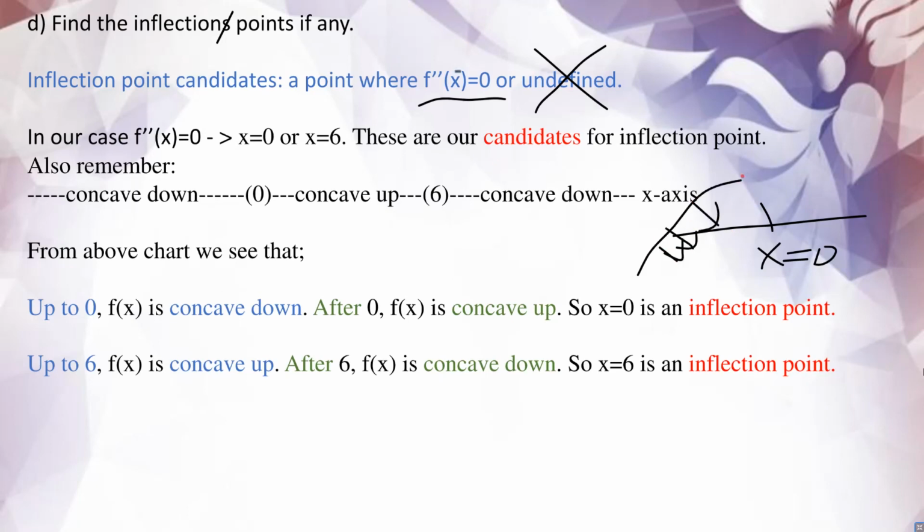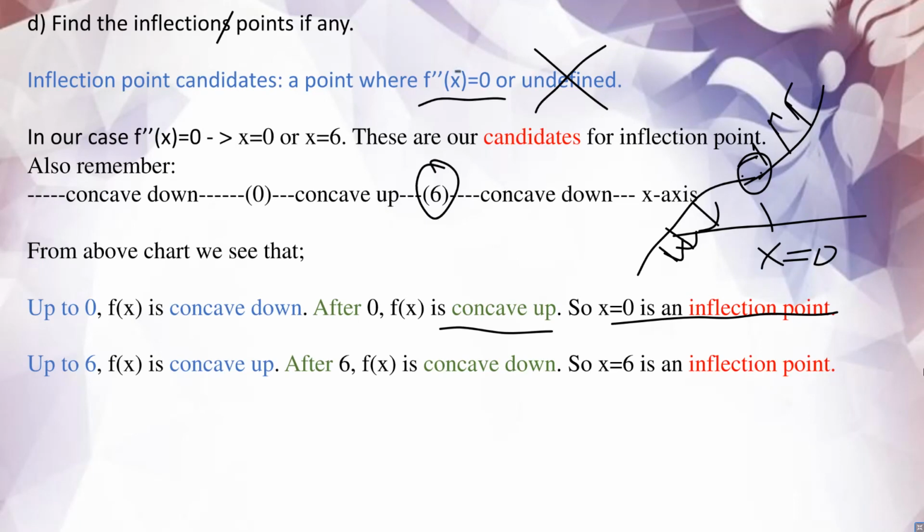And after 0, it is concave up. It starts looking upwards, the function. So we call that point an inflection point. Good. That's one conclusion. And we have one more candidate, which is 6.